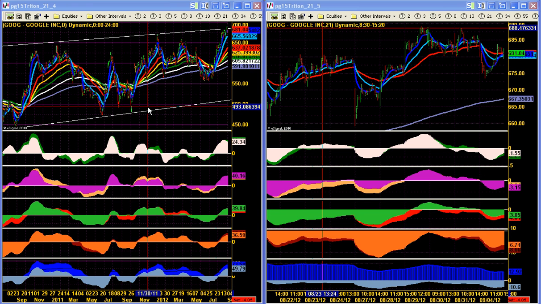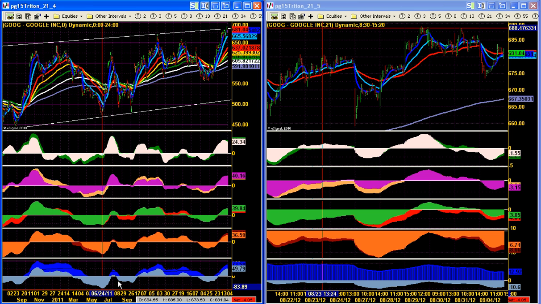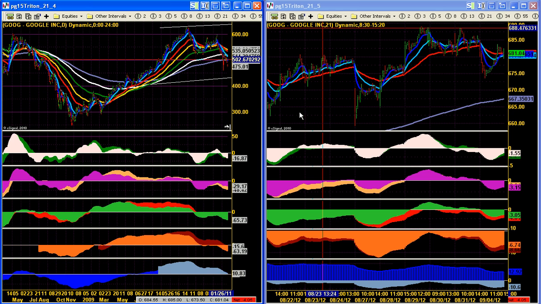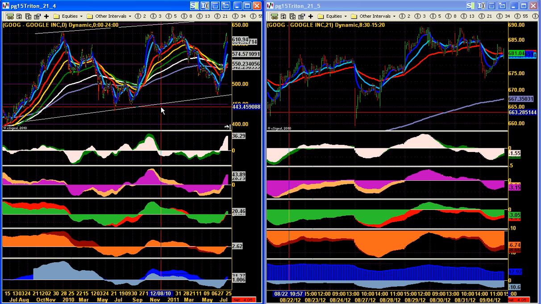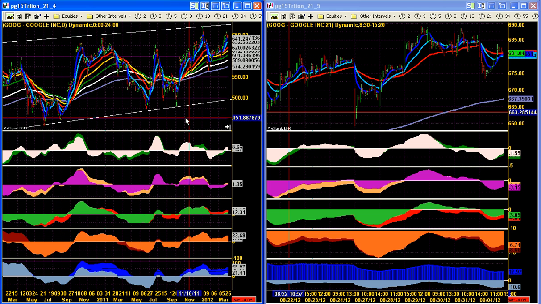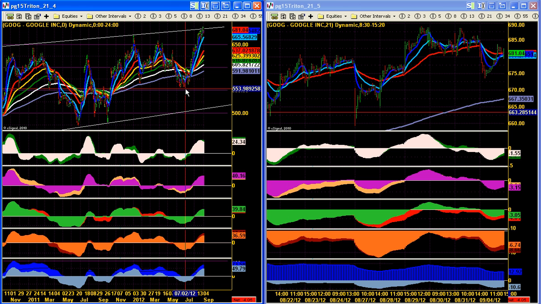Okay, Google, lastly but not least. Google seems to be tapering off slightly. It's got this overhead resistance, a trend line that goes back all the way to December 2009, which is a tremendous overhead supply of stock.